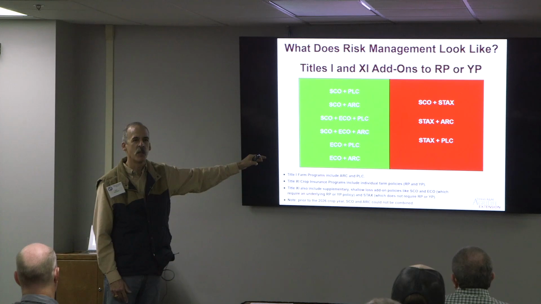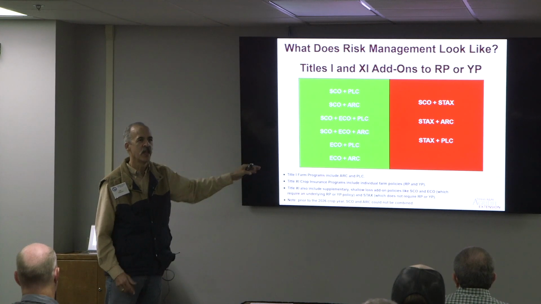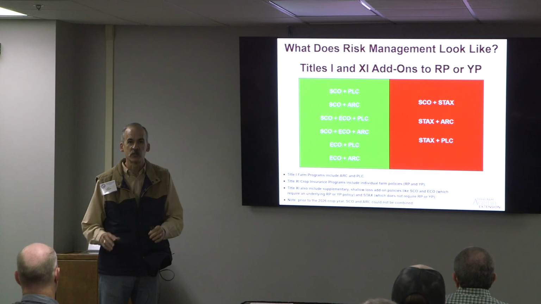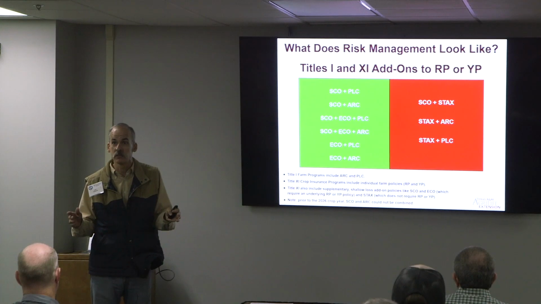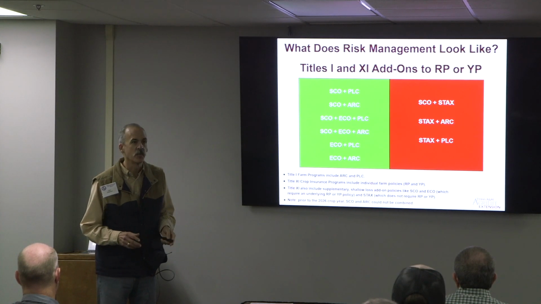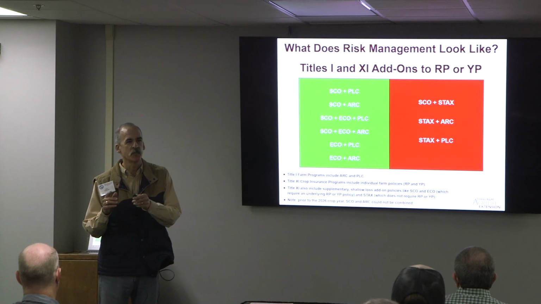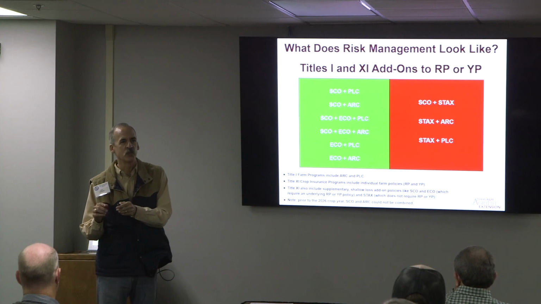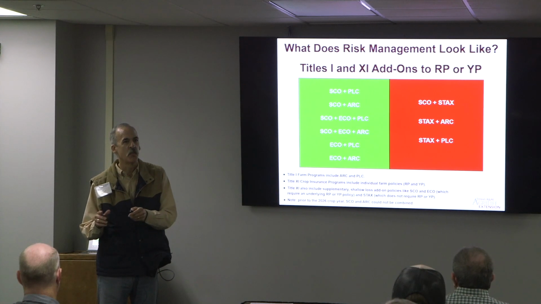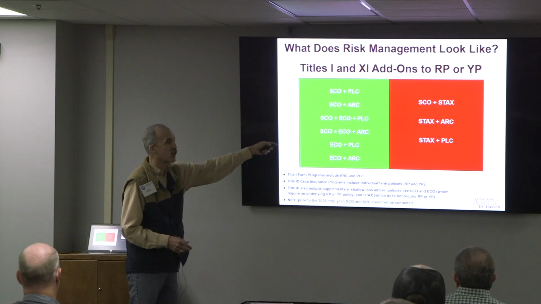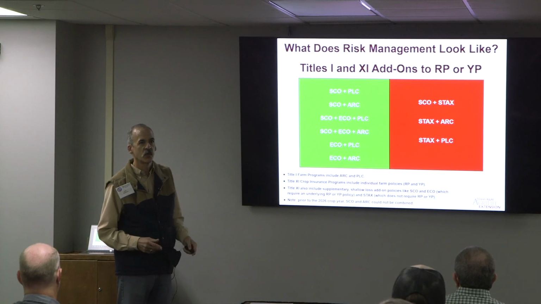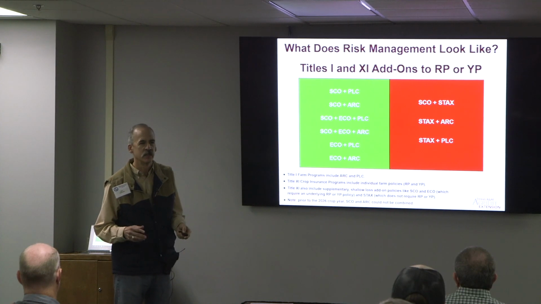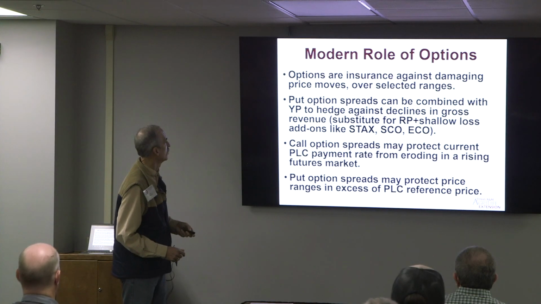It's one more thing that might combine with something and substitute for something else. That's really the only point I'm here to make this morning. I'm going to give a couple of examples where I think using an options approach combined with something else might be better than one of these combinations. So that's the world that we're in. And so let's just move on.